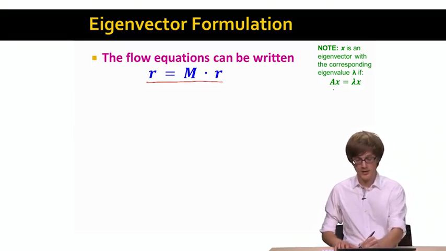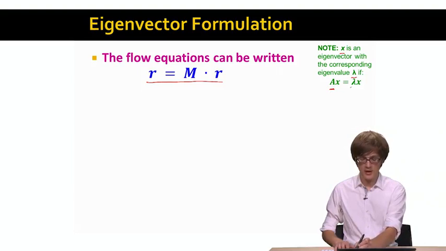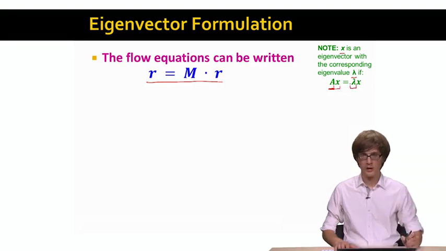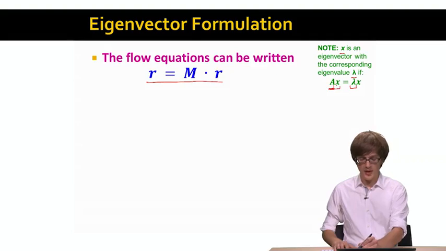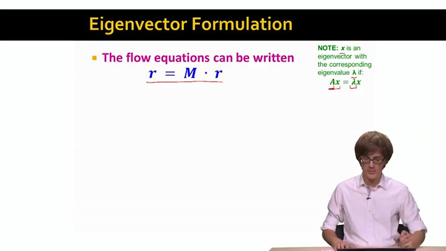If I have a matrix A, then X is called an eigenvector with the corresponding eigenvalue lambda if X is a solution to the equation A times X equals lambda X. Just saying it again, A is a matrix that we are given, X is something that we'd like to compute, and it's a vector, and lambda is also something we'd like to compute and is a scalar, a real number or a complex number. So X is an eigenvector and lambda is an eigenvalue if they are a solution to the equation AX equals lambda X.